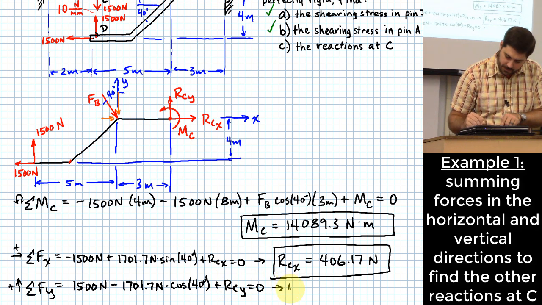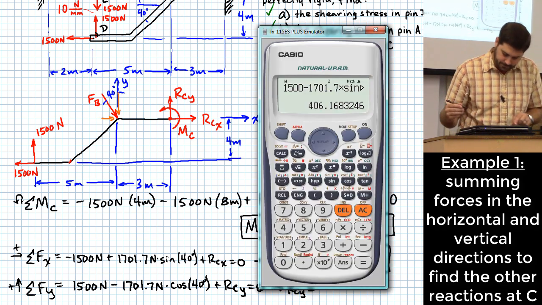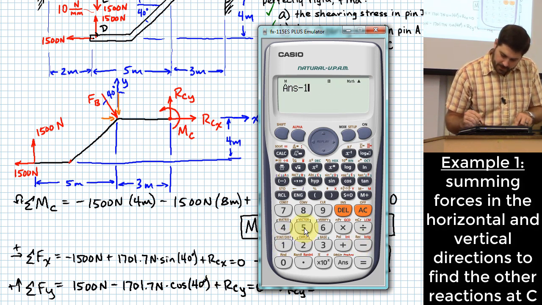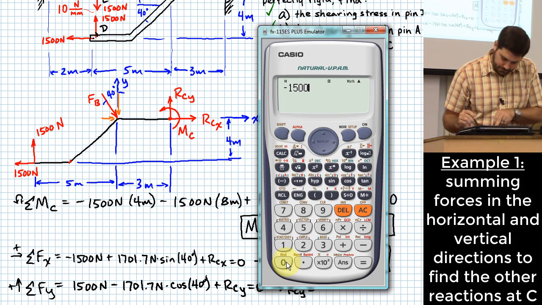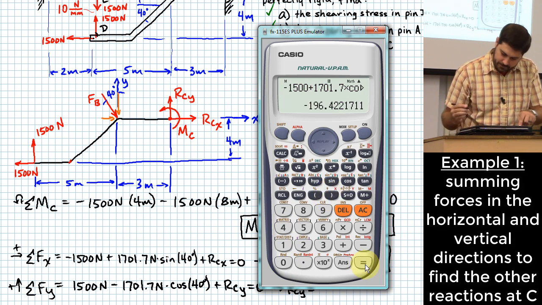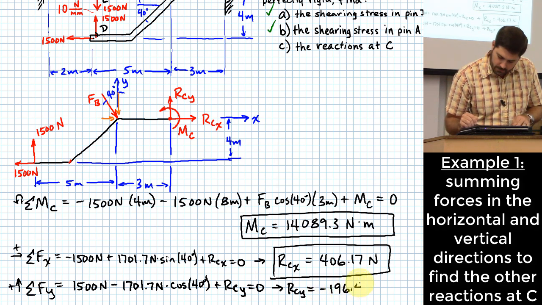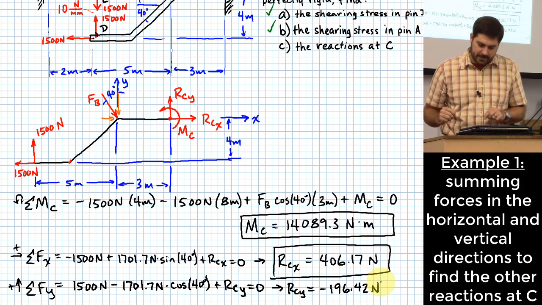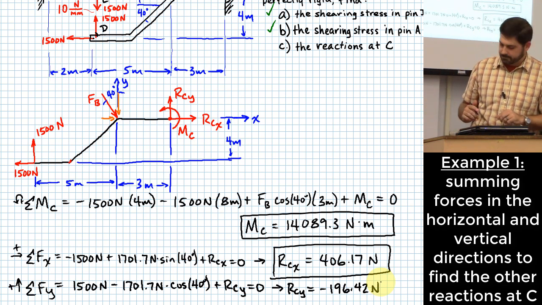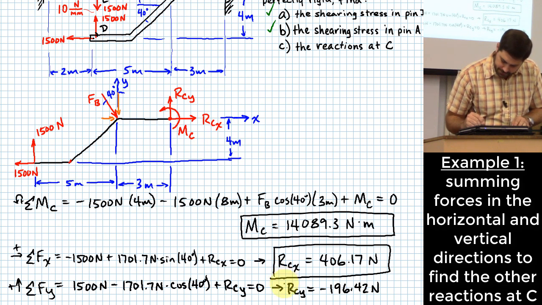All this is equal to 0, so RCY is going to be equal to minus 1,500 plus 1701.7 times the cosine of 40 degrees. So negative 196.42 newtons.